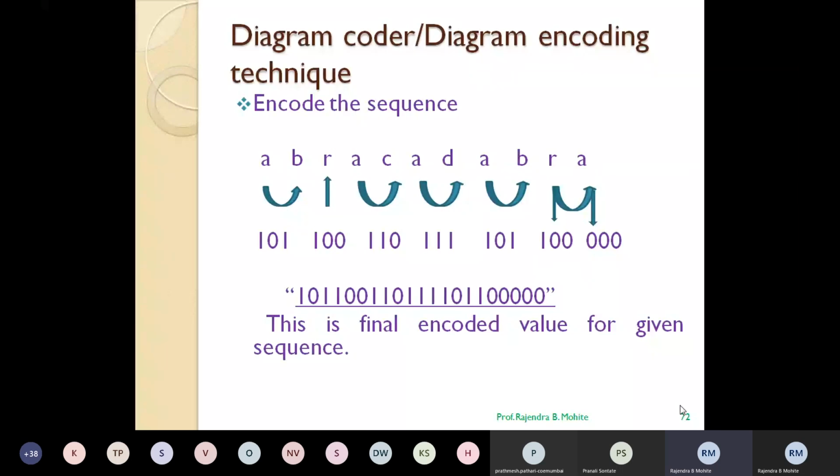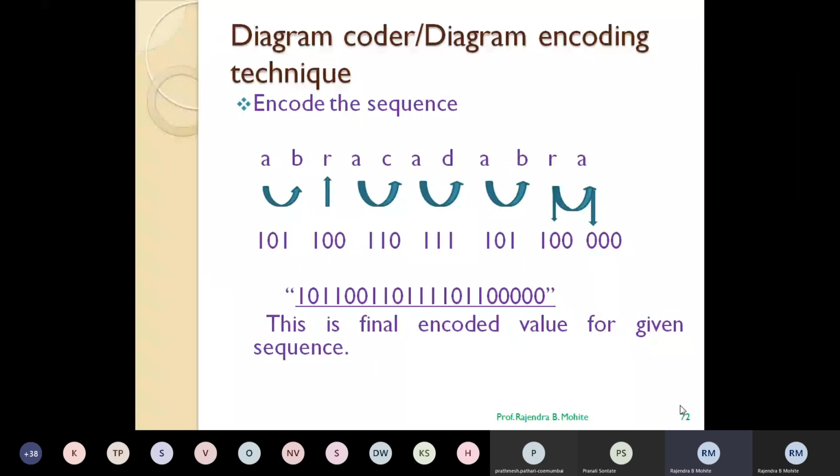AC is present in the given dictionary, so I am making the pair of two. Its code is 110. Moving towards the next, A is already present. AD is present in the dictionary, so its code is 111. Moving towards the next, AB, its code is 101.